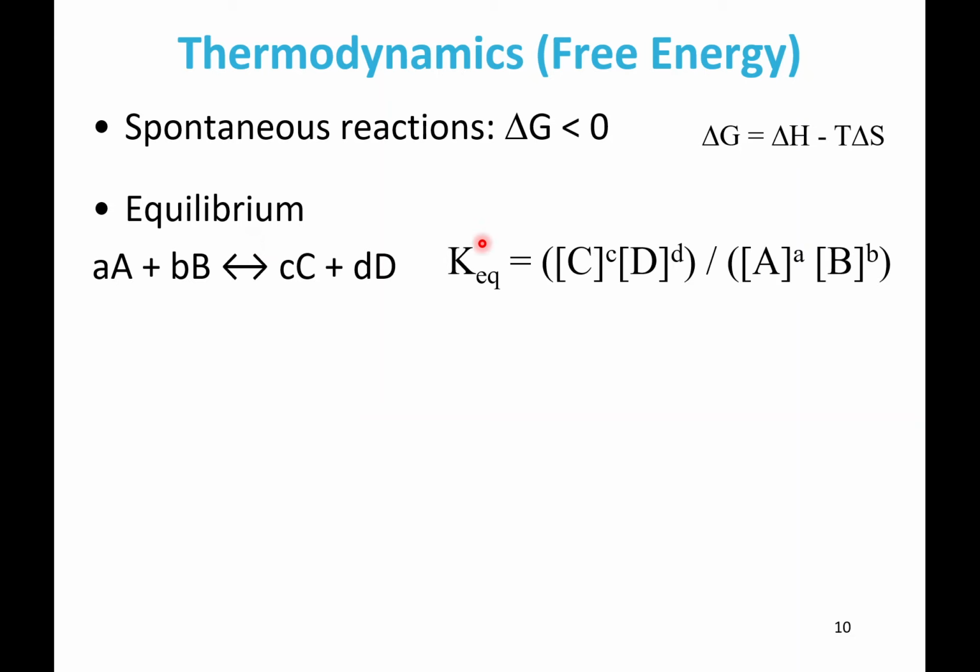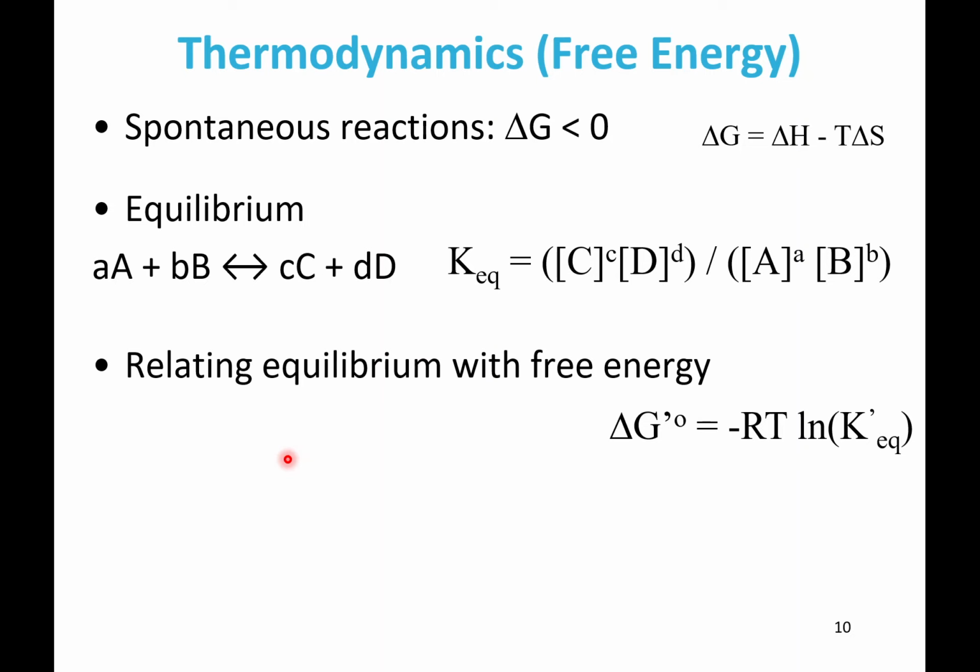We can write an equilibrium constant, KEQ, which is the products multiplied by each other, divided by the reactants. So, products over reactants.